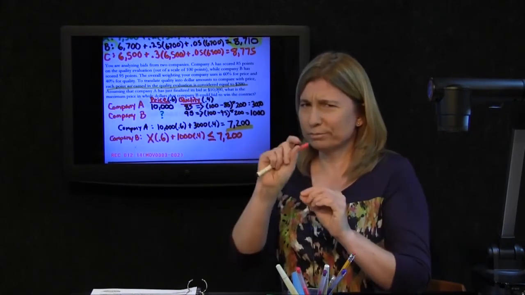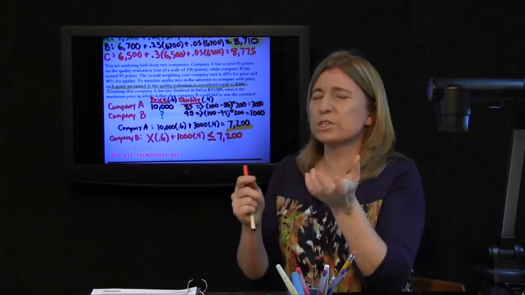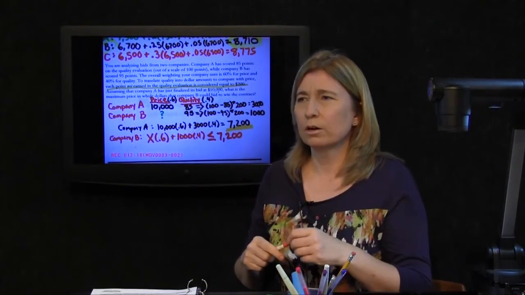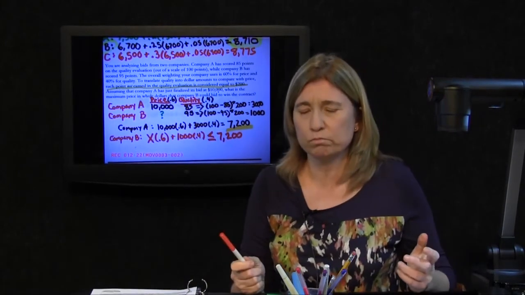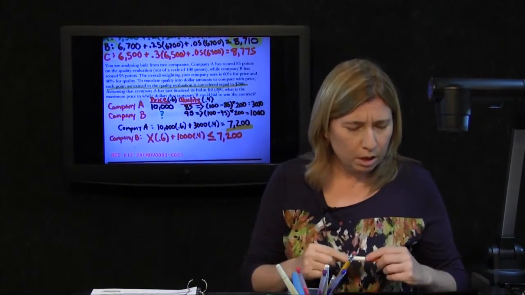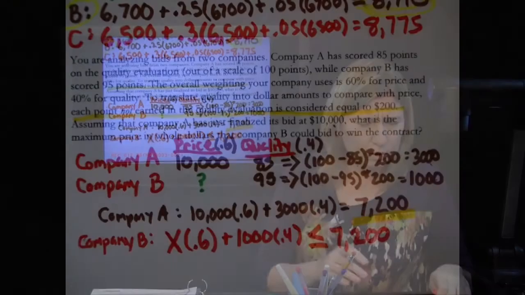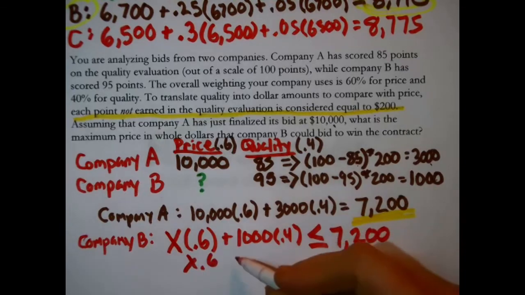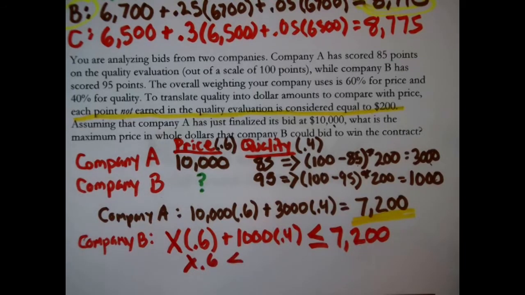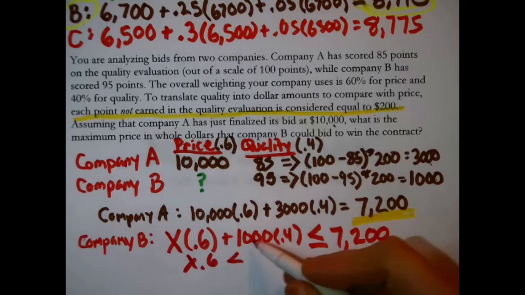But at any rate, what is this price? What's the tipping point here? I think we can just solve for it because the price is the only thing here that's not known. Okay, let me think. When is some mysterious number times 0.6 less than or equal to, depending how you interpret it, 7,200? Let's see, 1,000 times 0.4 turns out to be 400.